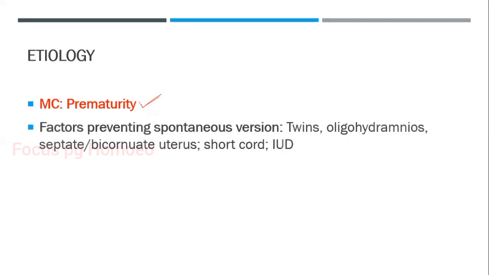The factors preventing spontaneous version include twins, oligohydramnios, when there is less amniotic fluid, septate or bicornuate uterus, a short umbilical cord, and when intrauterine death has occurred, the fetus usually takes up the breech position.